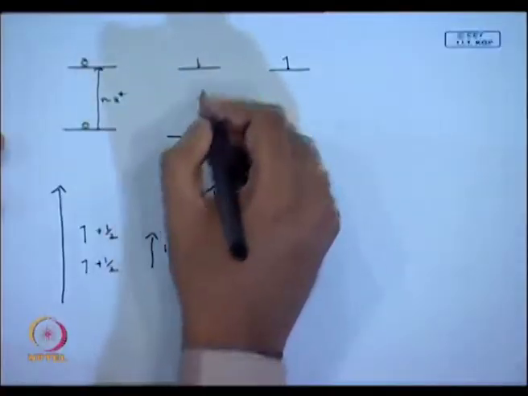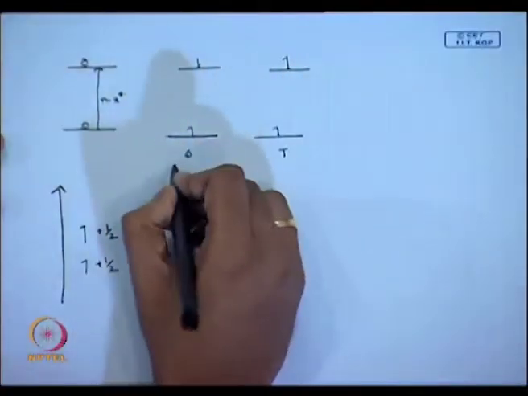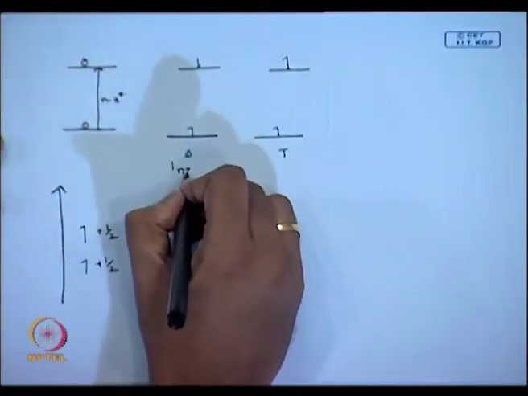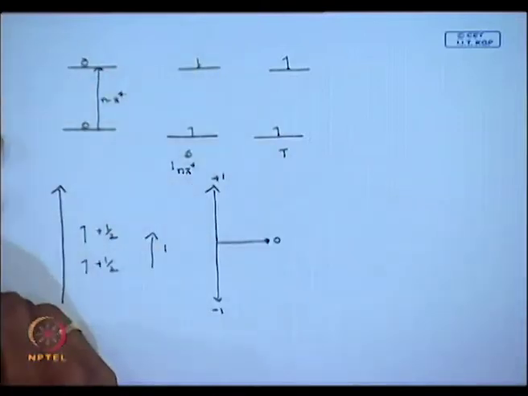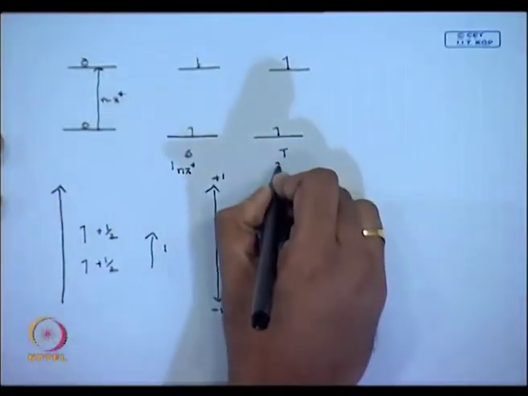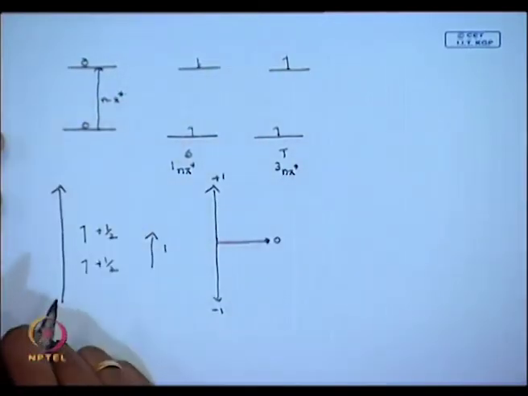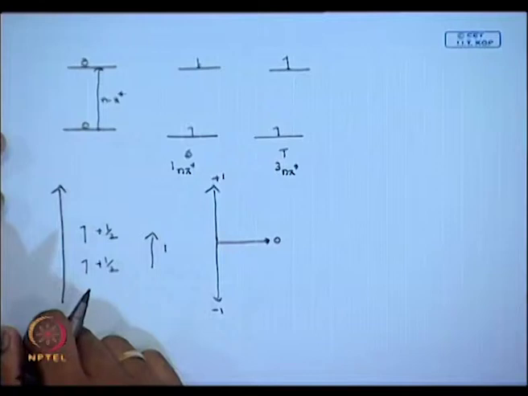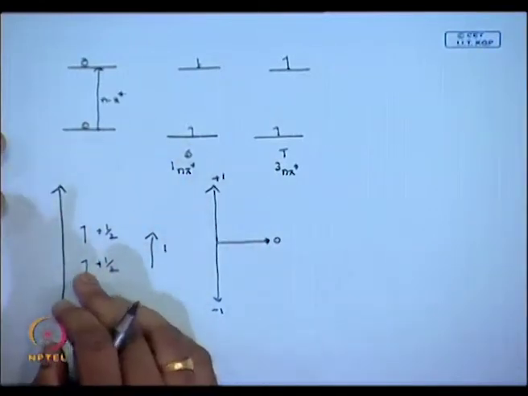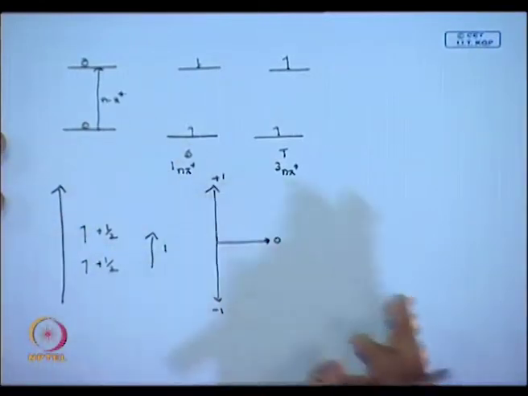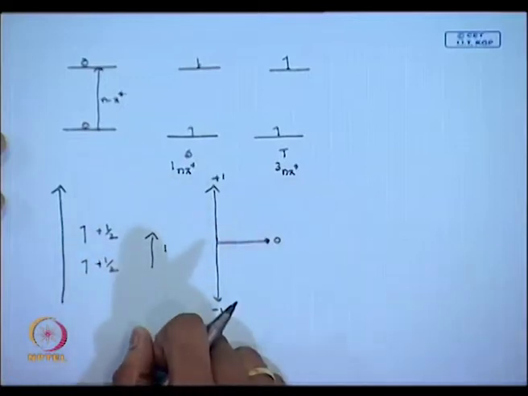How do we represent an n pi star singlet state? The best way of writing this is singlet n pi star. This you write as triplet n pi star. That is how we represent them. If it is a pi pi star, then you write singlet pi pi star transition and triplet pi pi star transition.